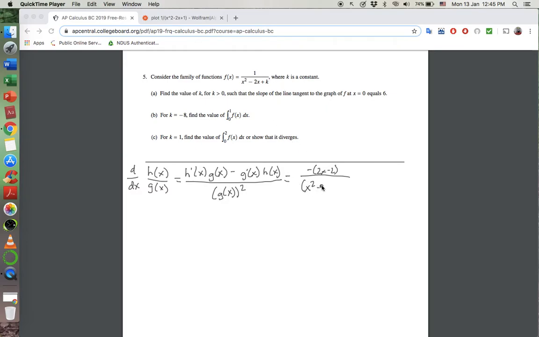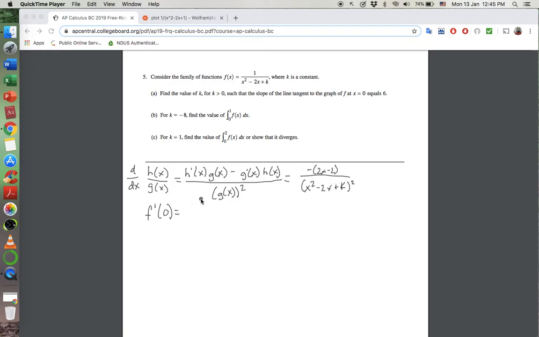So x squared minus 2x plus k, quantity squared. And so we're going to evaluate that at 0. So we've got f prime of 0. Remember, f of x is equal to h of x over g of x, so this is actually the derivative. This one here is f prime of x.